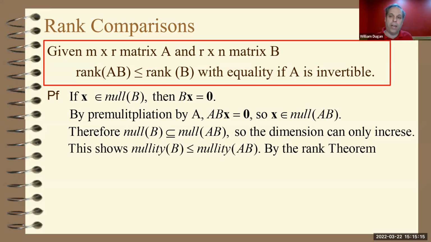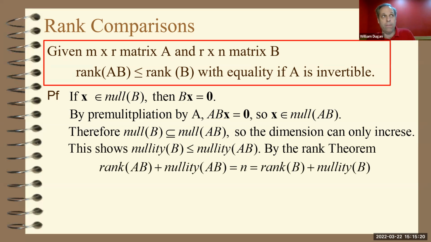We'll need that in a moment. So now, just on a side note, different track, by the rank theorem, the rank of A times B plus the nullity of A times B has to equal the number of columns in A times B, which is N. But that's also equal to the rank of B plus the nullity of B, because that's also the number of columns in B. Now take that equation and subtract the rank of B and the nullity of A times B, or vice versa, in some order.